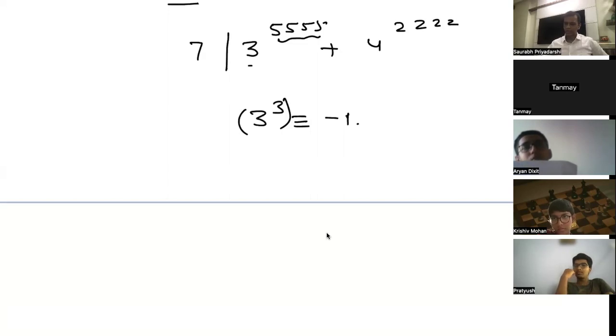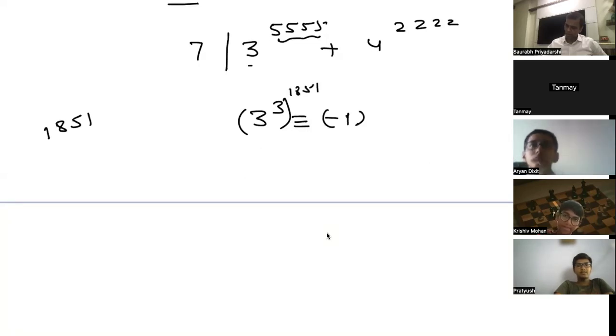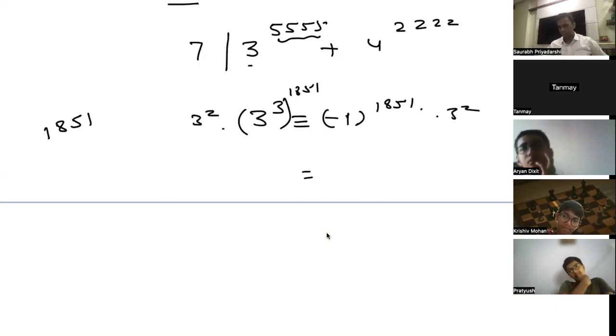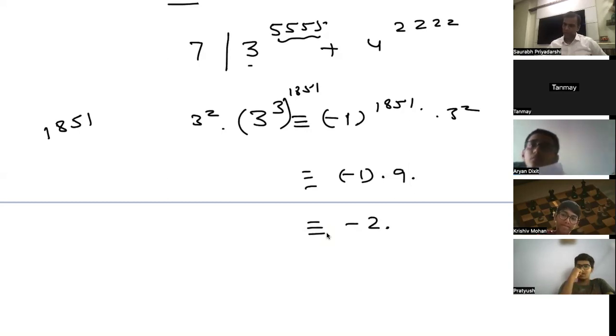Nearest to this will be, we could do 3 to the power 5, and then power 1851, into 3 square, into 3 square, right? So getting -1 into 9, which is equivalent to -2 or 5, right?